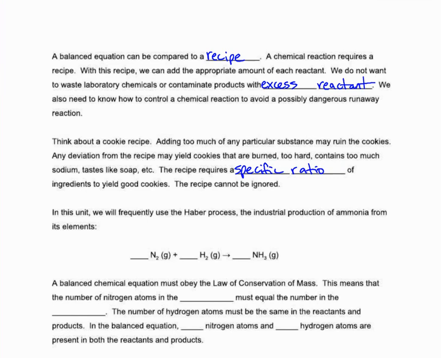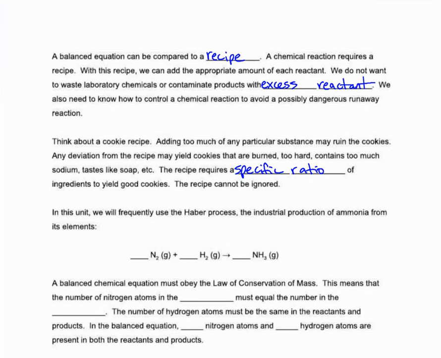You might say, well, I really like things that are sweet, and so I'm going to add twice as much sugar as the recipe calls for. They're probably going to burn and be really hard. If you don't follow the recipe, every cookie recipe requires a little bit of salt.